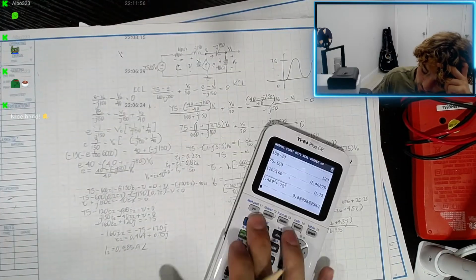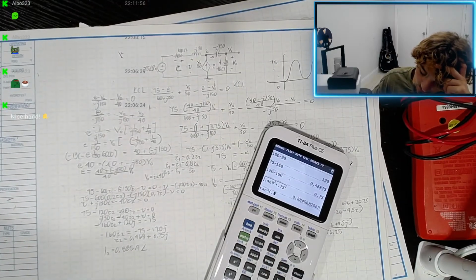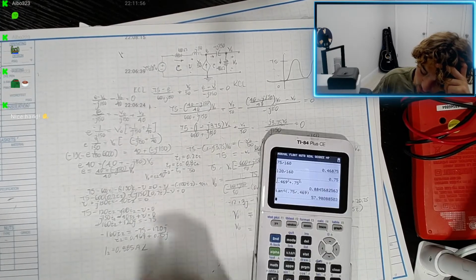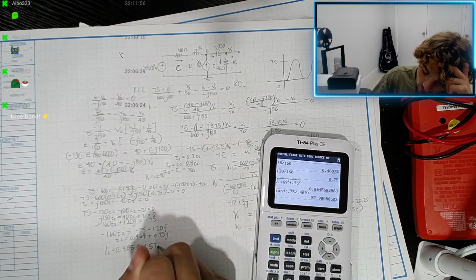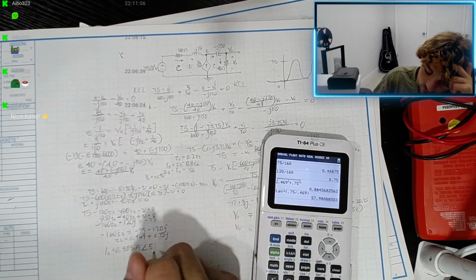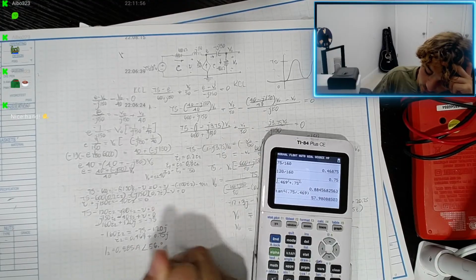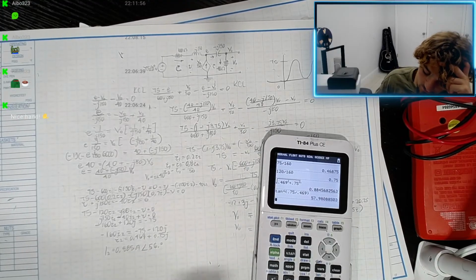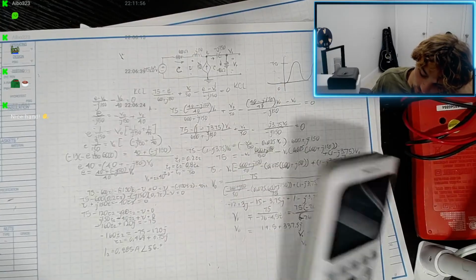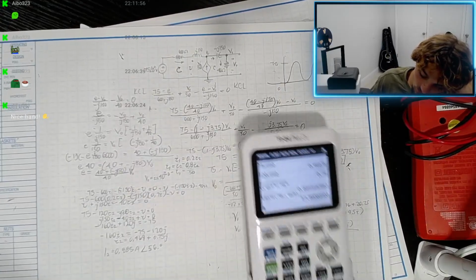The phase is the inverse tangent of 0.75 divided by 0.469, about 57, let's just call it 56 degrees.